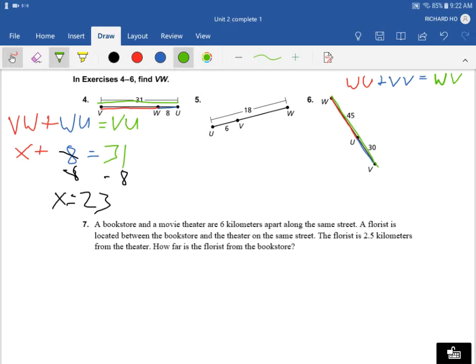WV, VW, it's literally the same thing. So you have 45 as the red one. You have 30 as the blue one. Do we know the green one? No. We don't know the green one, so that's going to be our x. So all you have to do with this one, 45 plus 30 is 75. 75 equals x.